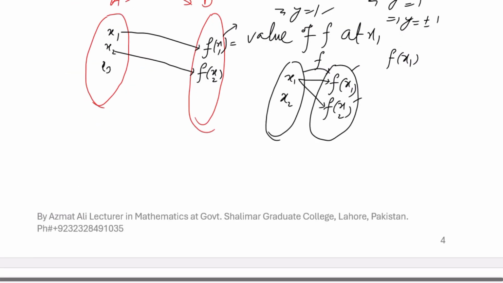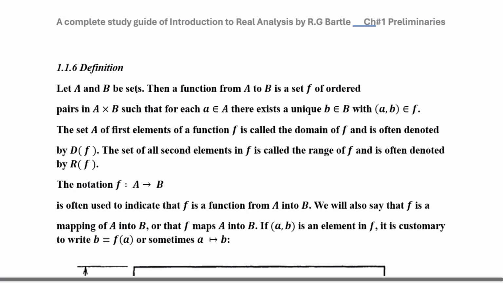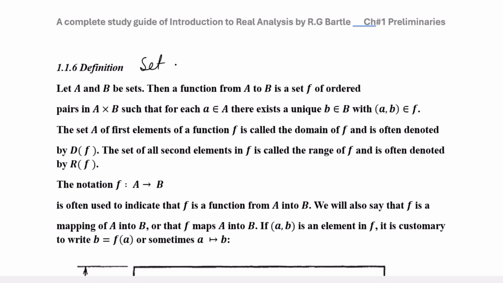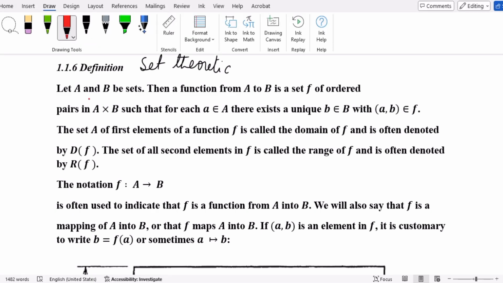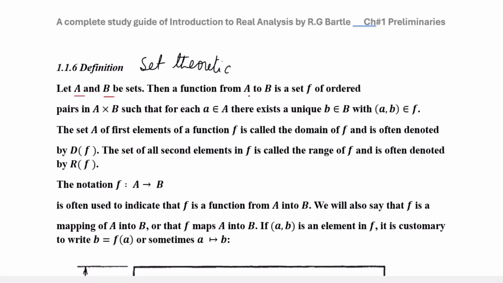The next definition of function is also available in this book, but this is a set theoretic definition. This definition says, let A and B be two sets. The function f from A to B is a set f of ordered pairs in A cross B. I hope you know from your previous classes, a function f is always a subset of the Cartesian product A cross B when we define function in terms of set theory.